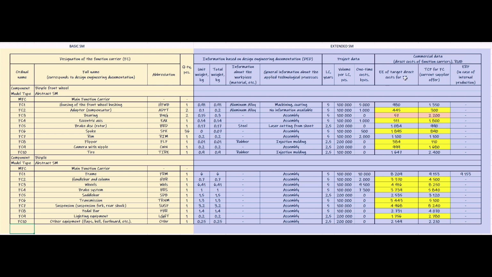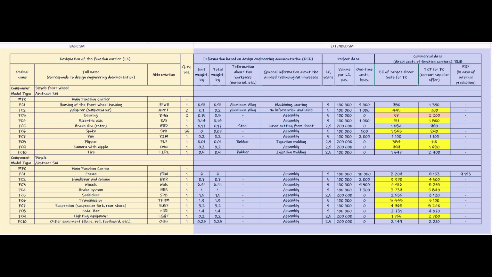This is expressed primarily in the application of methods for determining the significance of functions, comparing the results of their application, as we can see by the example of the bicycle functional model and technical and commercial proposals for the elements of the bicycle structural model.